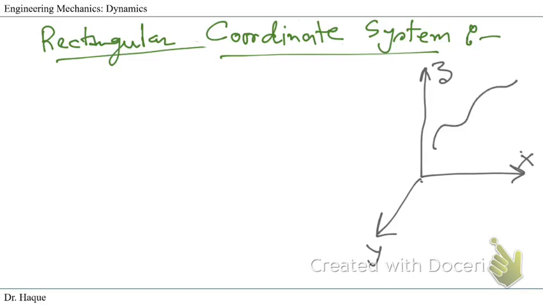If any particle or object is moving, for example in a curved path, we can resolve the problem in x, y, and z coordinates.